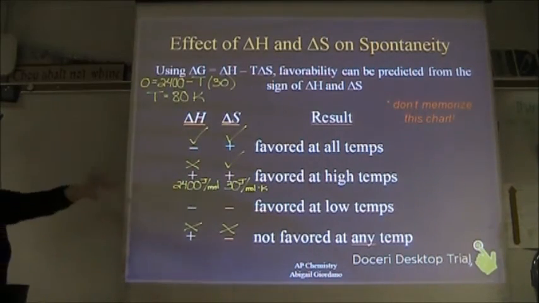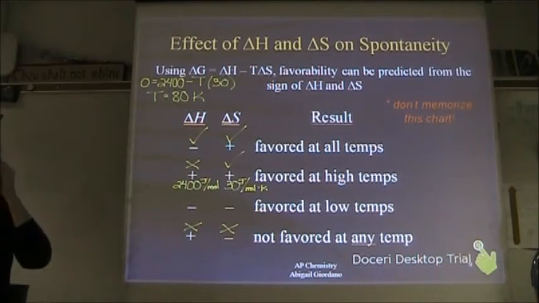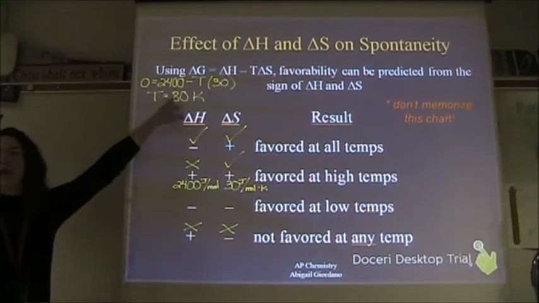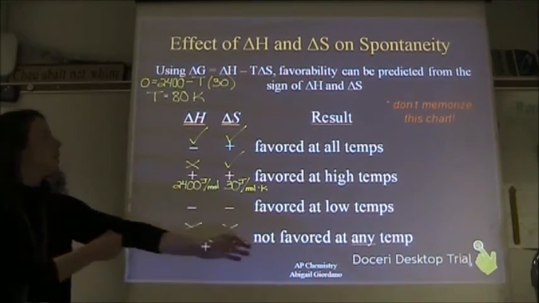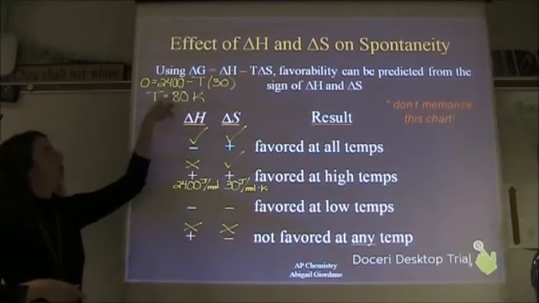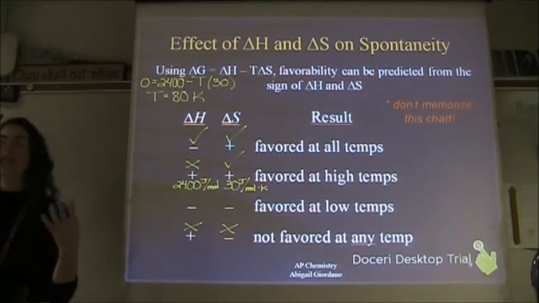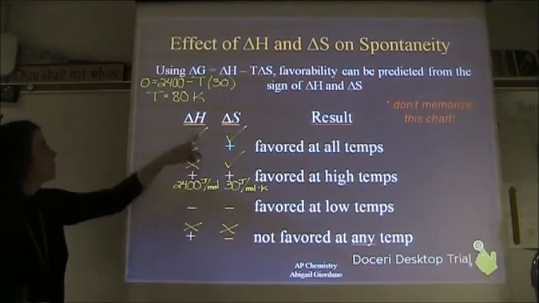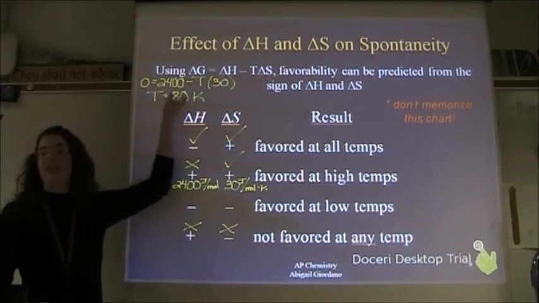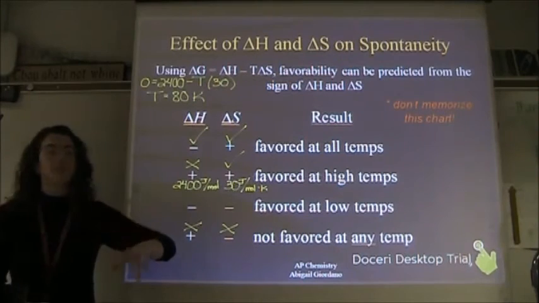Let's pick a number below 80. Let's just see what happens in that range below 80. Can you guys give me a temperature, a number to plug in there that would be really easy to work with? 1. How about 1? Sounds good. Let's see what happens in the temperature range below 80.